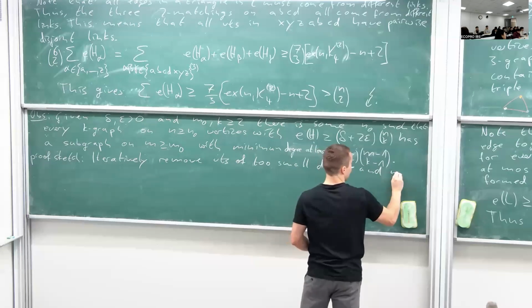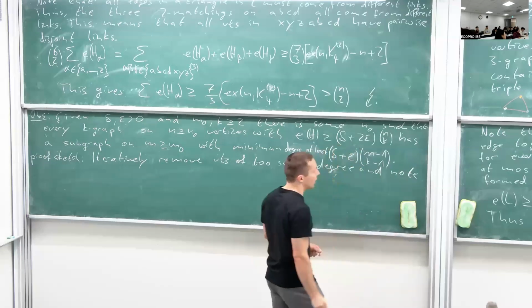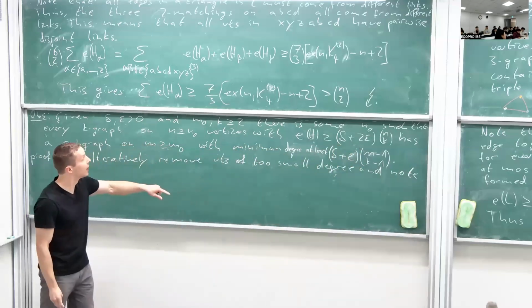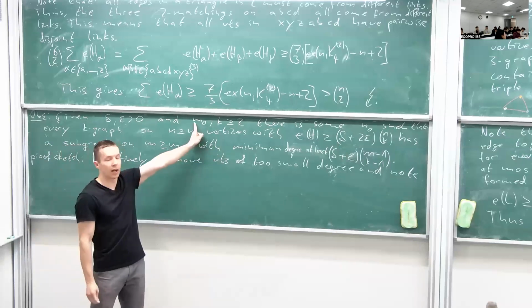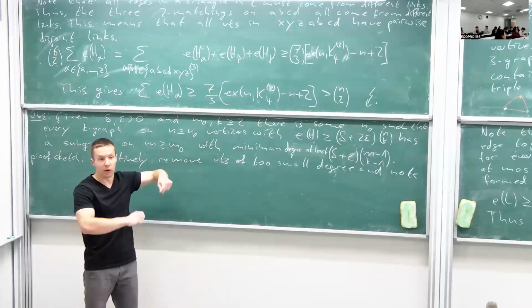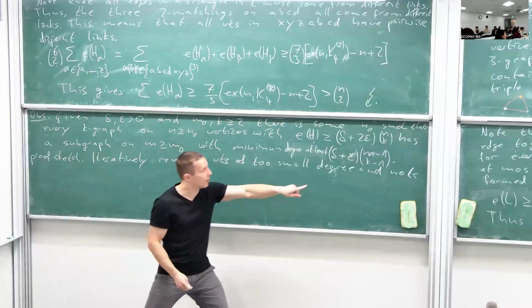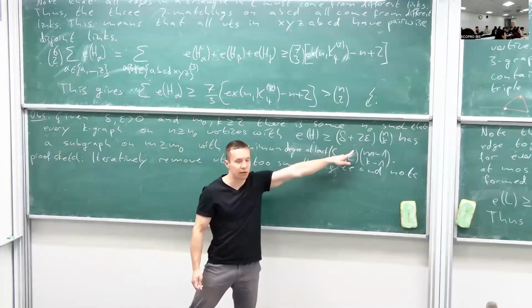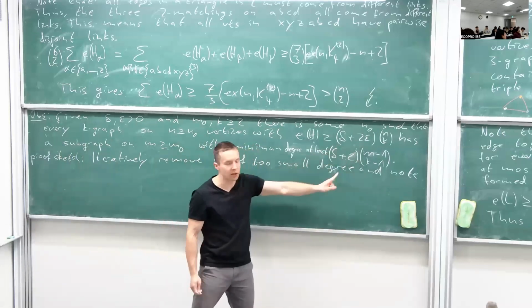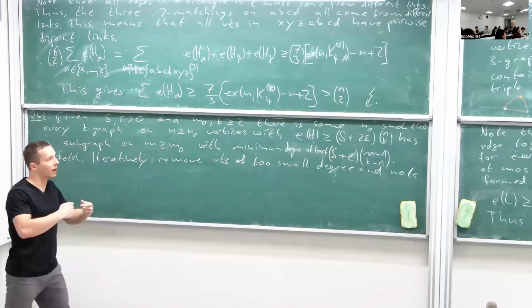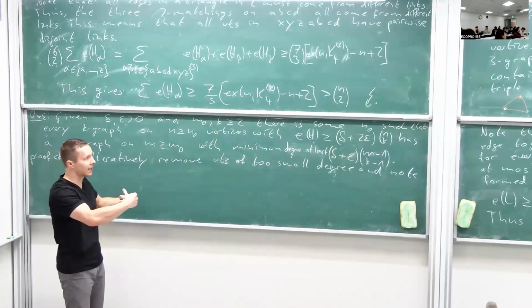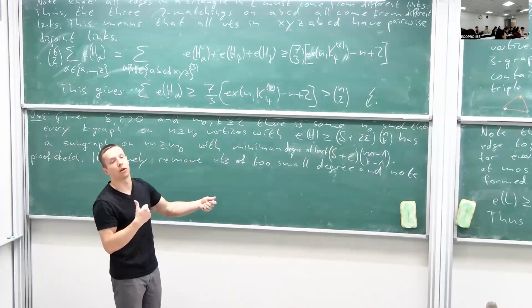And then you have to note, but that just follows because our n0 can be much larger than m0. So when we remove vertices of too small degree, because we have this little gap between the epsilons, or between this 2 epsilon and epsilon, we will keep the right density, but we will even put a little bit of epsilon aside.